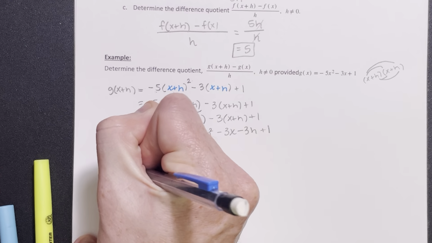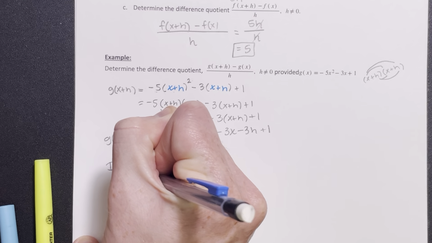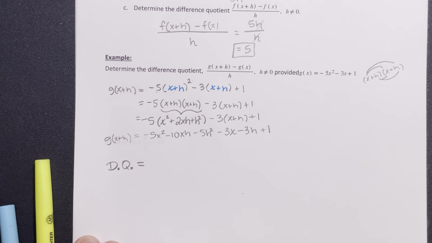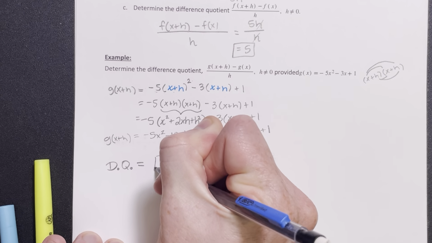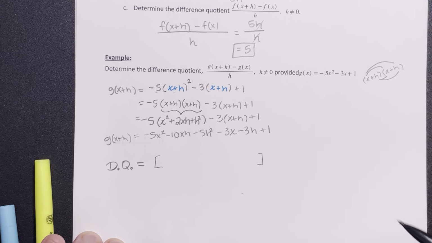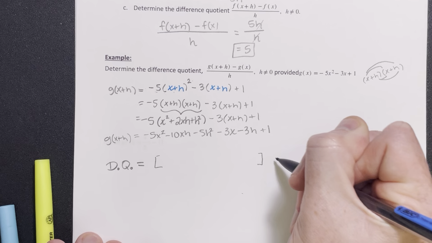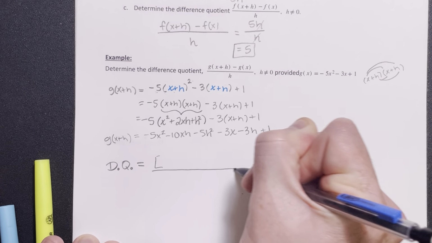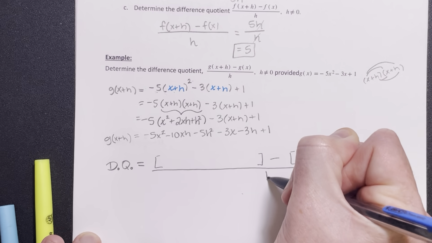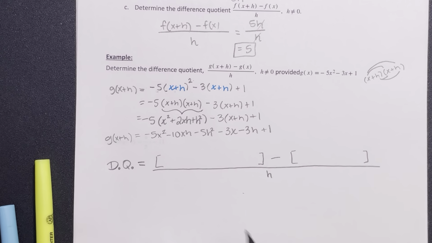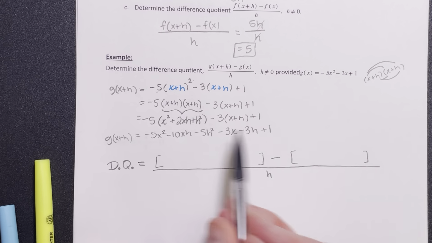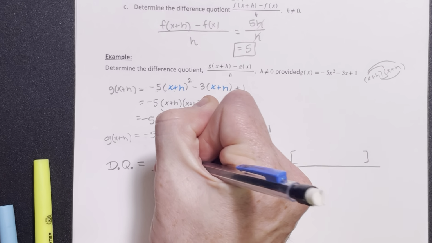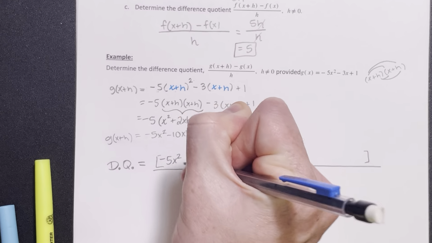So let's actually do the difference quotient. I'm going to abbreviate it just dq, but the difference quotient states you have g of x plus h minus g of x, and the whole thing is being divided by h. I find g of x plus h separately most times to make my work a little bit more organized.